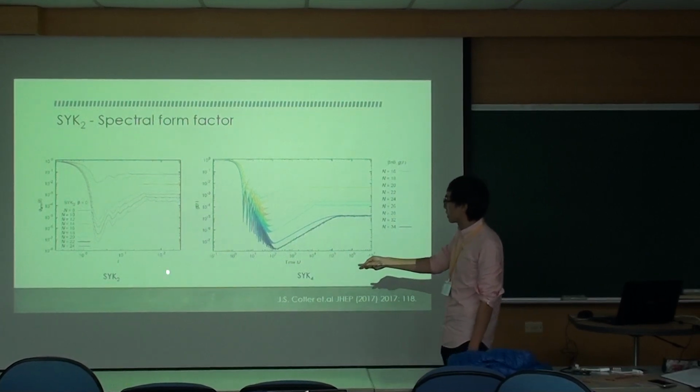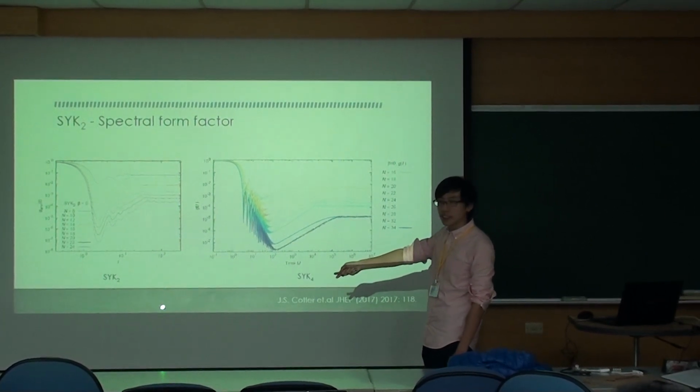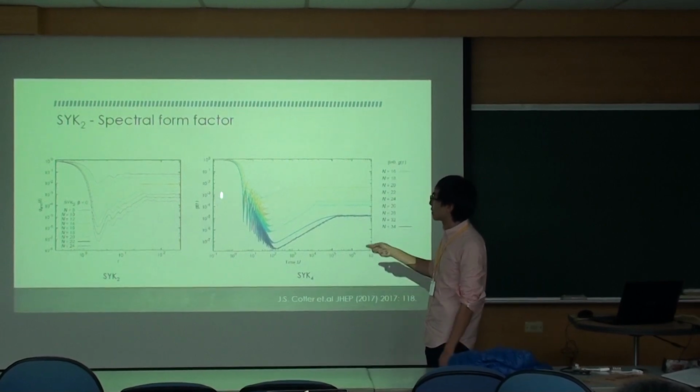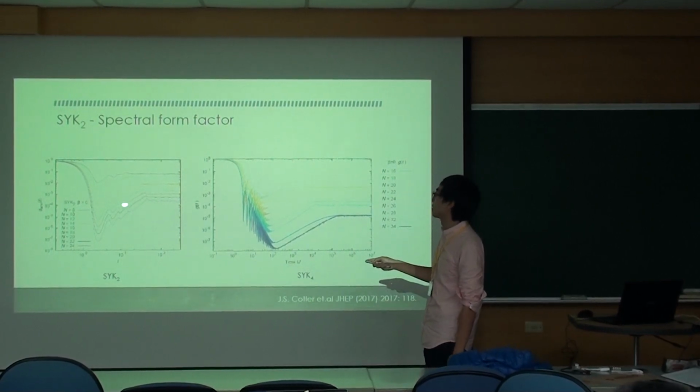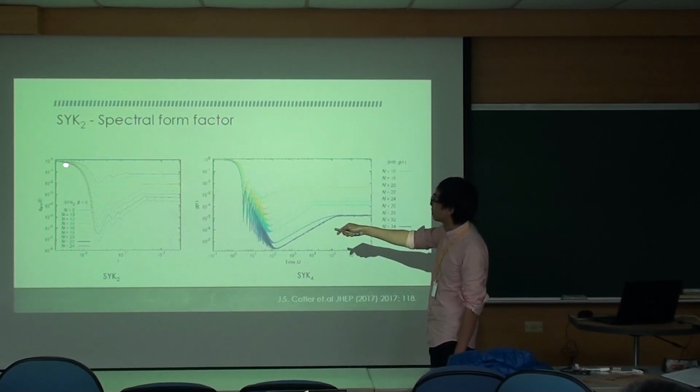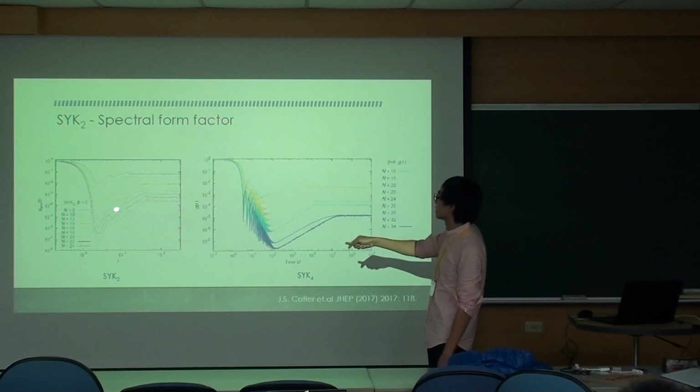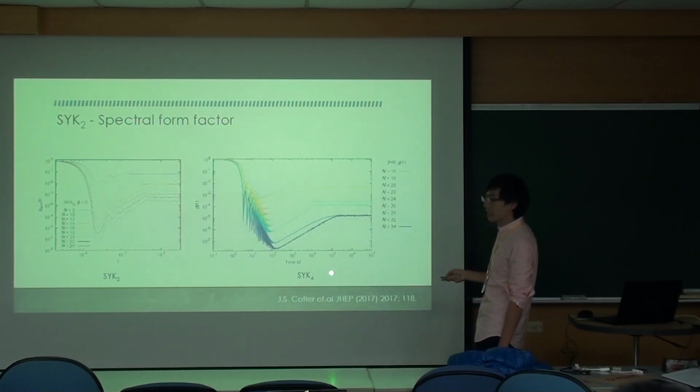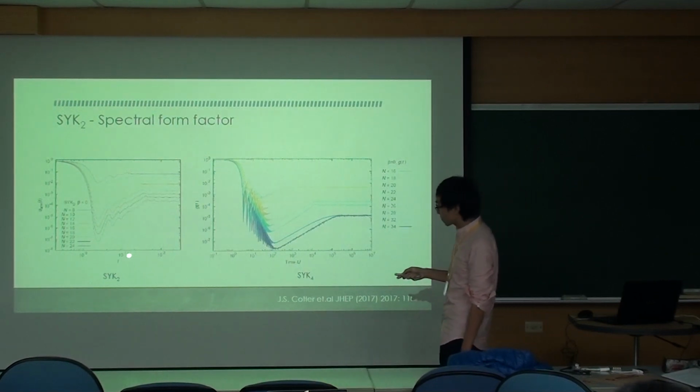But if we, on the other hand, take an integrable system like SYK2, repeat all the calculation, extract the eigenstates, and look at the spectral form factor, we see that it behaves exactly the same as the chaotic SYK4.